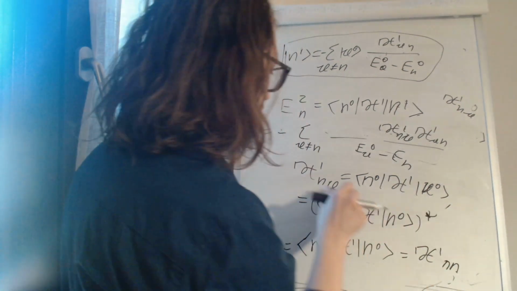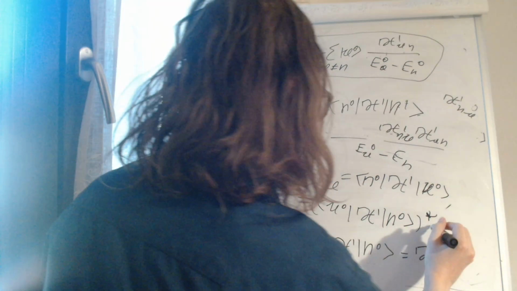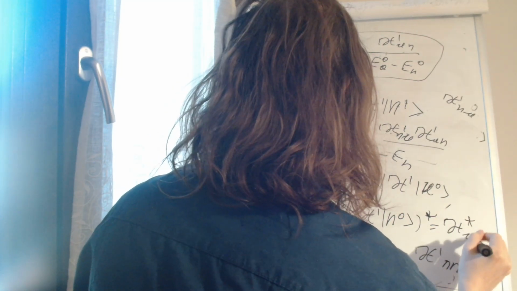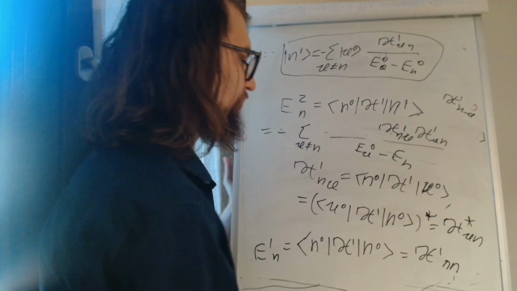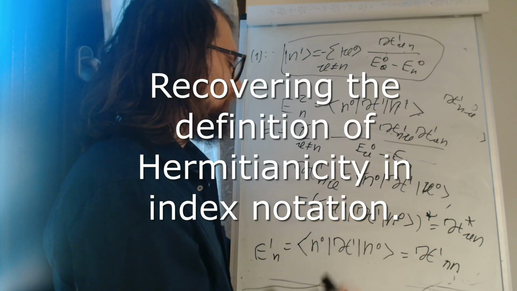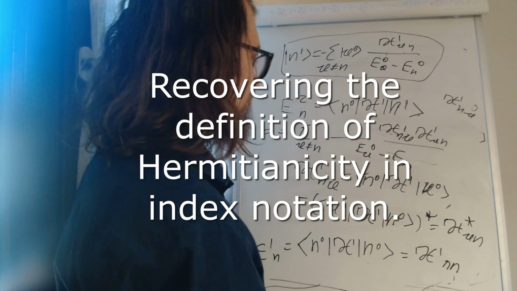So it is the complex conjugate of kn. When you invert rows and columns, you get the complex conjugate.